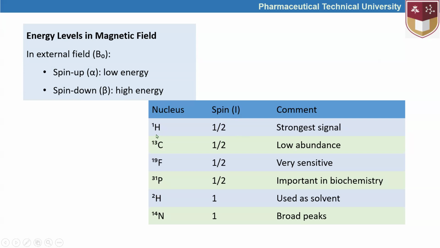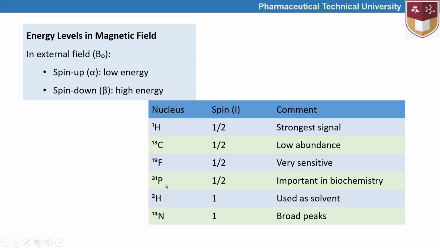Okay, again, hydrogen has strong signals, carbon-13 has signals that are detected, but they are low. So carbon-13 is the atom that gives us the signals. Carbon-12 is not detected in NMR. Fluorine-19 is very sensitive.